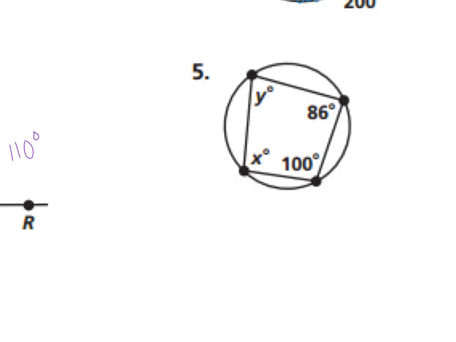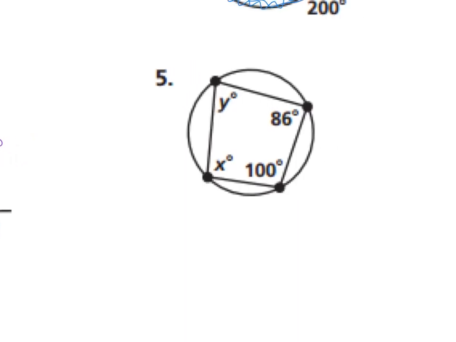And then number 5, I'm going to use that this is 100 degrees. So this arc is 200.